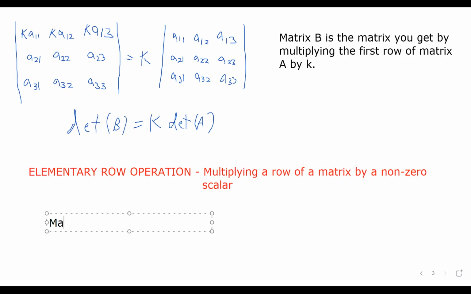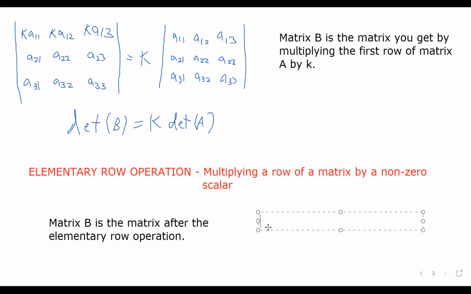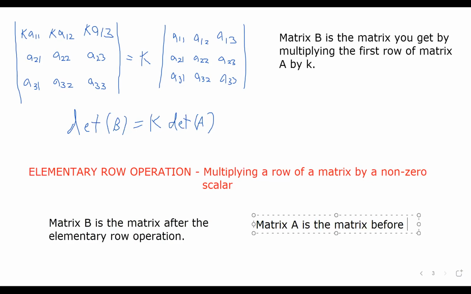Okay, to help you understand this, matrix B is the matrix after the elementary row operation. Matrix A is the matrix before the elementary row operation.